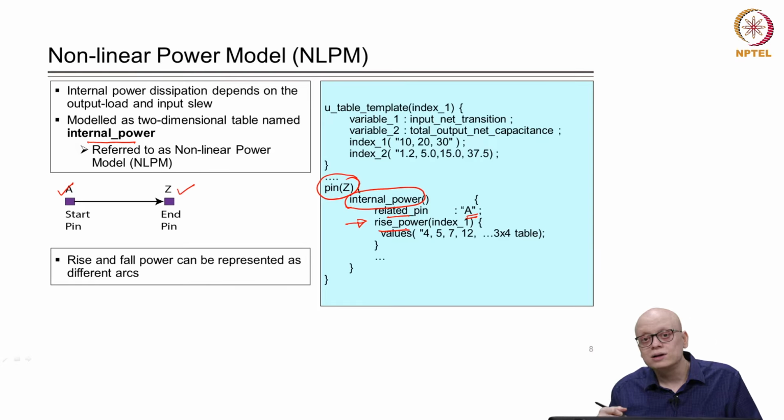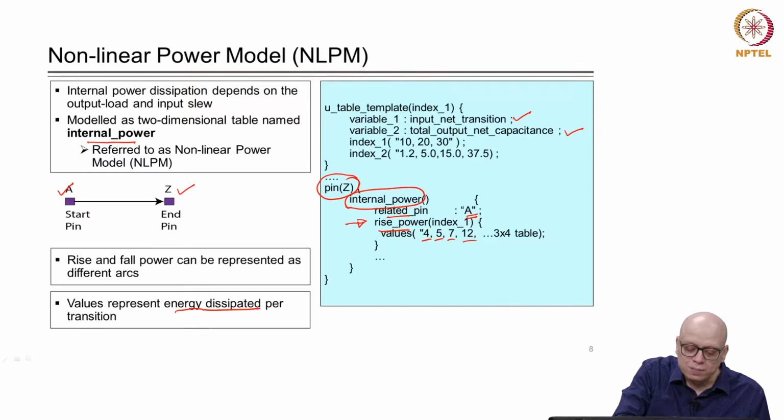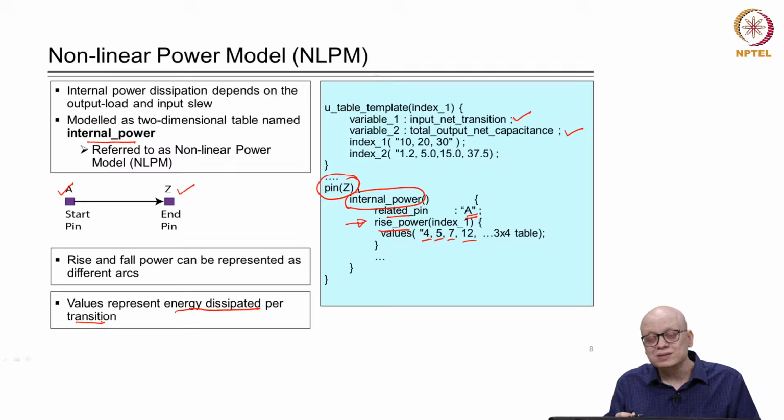Similarly, there will be fall underscore power, and this rise underscore power is a 2D table which depends on the input net transition or input slew and the total output net capacitance or the output load, right. So, this is how the NLPM model looks like, and the numbers that are represented in this table, those are the energy numbers, right. So, the values that are shown here represent energy dissipated per transition. Now, to get the power dissipation, we have to multiply with the clock frequency and the activity.